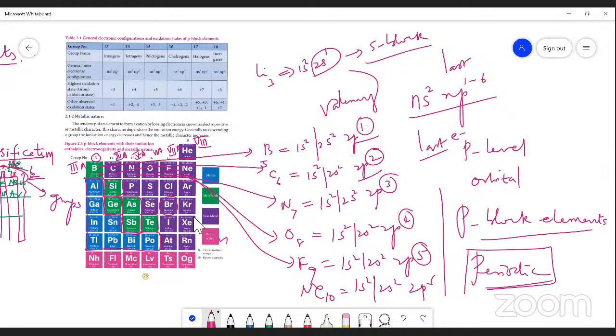Now we are going to study the nitrogen family. In the nitrogen family, nitrogen and phosphorus are purely non-metals, which belong to this place.